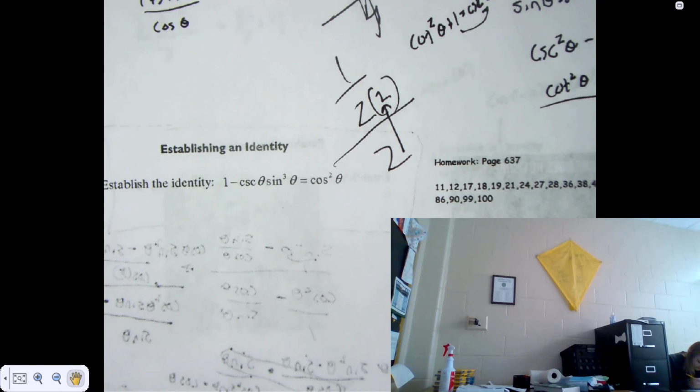Nothing's stopping you on a piece of paper from changing things in X's and Y's. Sine X, that's fine.